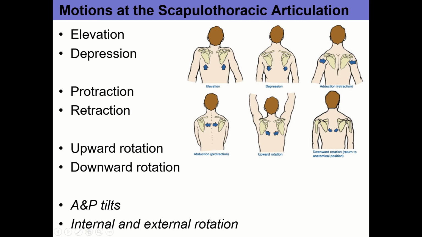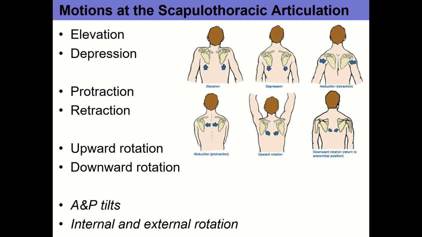And then internal external rotation, so those occur typically with internal external rotation in the glenohumeral joint on the shoulder. So internal rotation of the scapula is going to occur if you fully internally rotate your arm. So internal rotation of the glenohumeral joint is when you take the anterior part of your humerus and rotate it towards your midline.